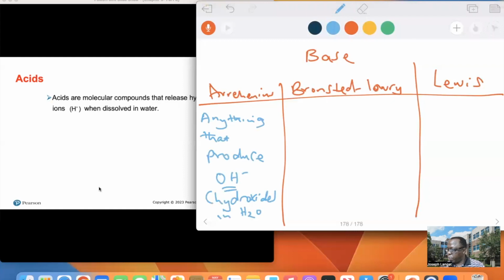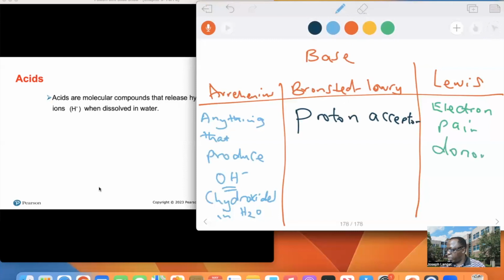And according to Bronsted, this is just proton acceptor. It accepts the proton. The acid donates, the base accepts. And according to Lewis, this is electron pair donor.